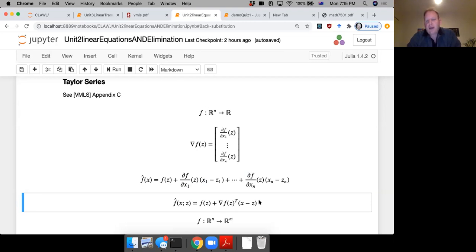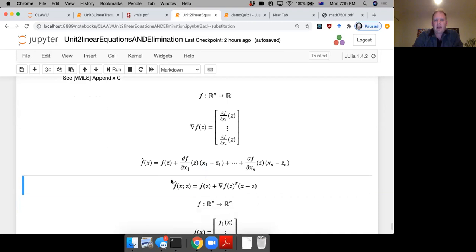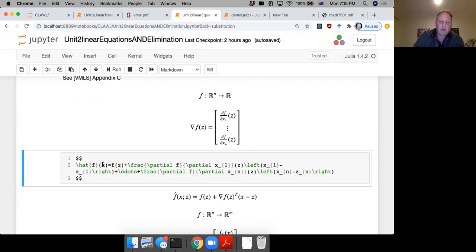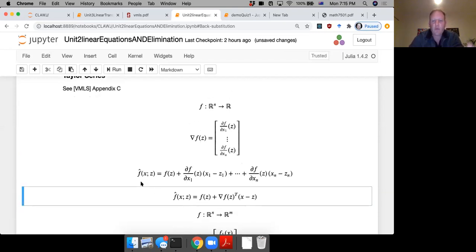So we can write this very neatly in terms of an inner product. And here it is. F hat of x, and here I should have had this too, f hat semicolon z. That semicolon says it's with respect to the point z. It is f of z plus the inner product of the gradient and the difference between the point x and the point z.